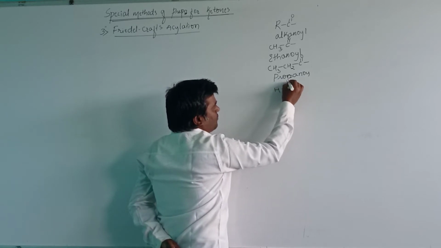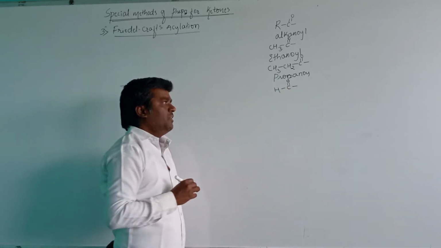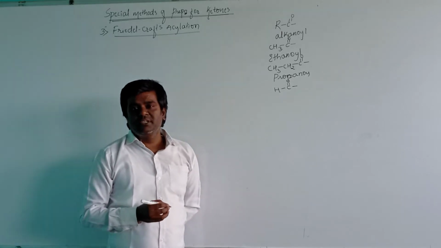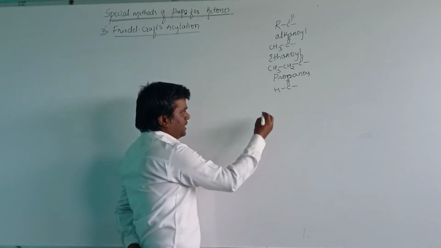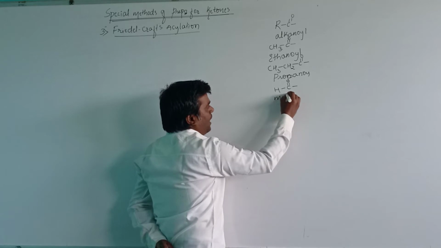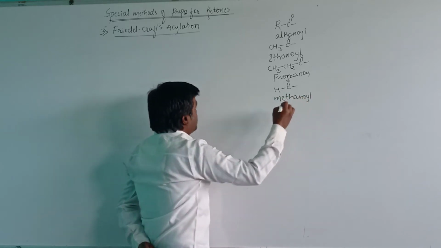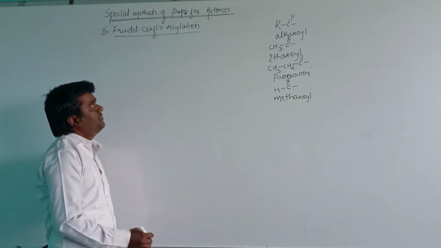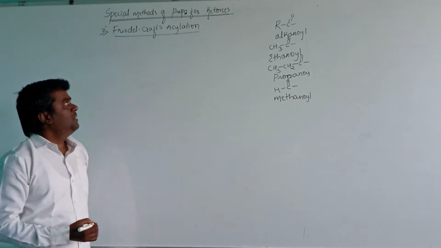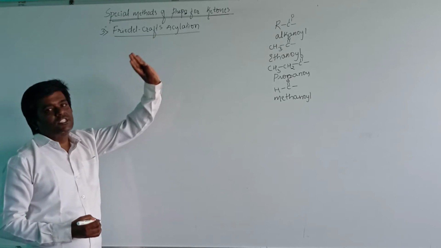HC double bond O has only one carbon atom in the parent chain, therefore it is known as methanoyl.